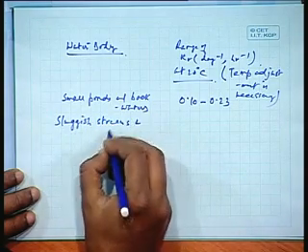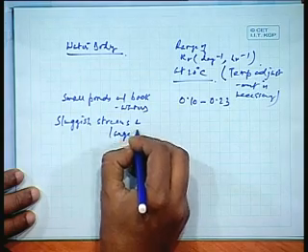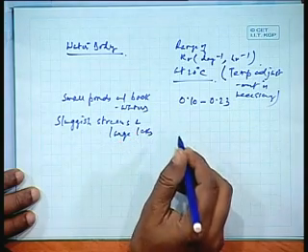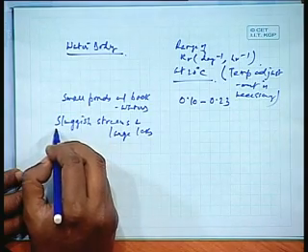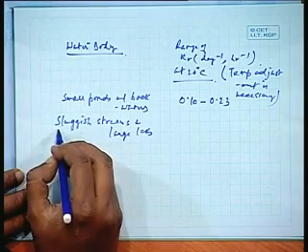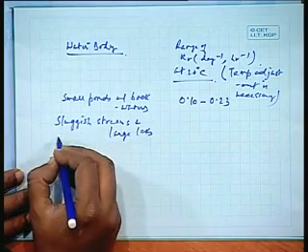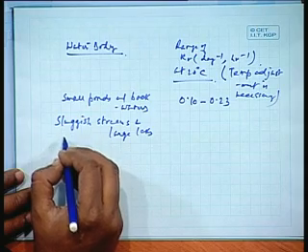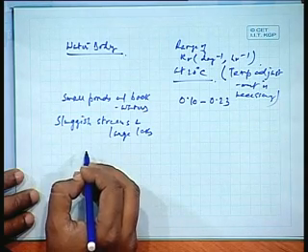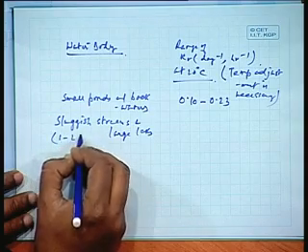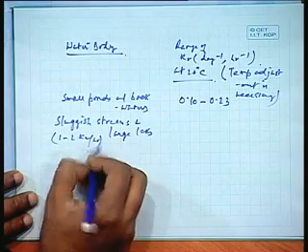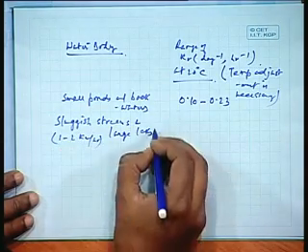This is the value for sluggish streams and large lakes. Sluggish streams, having a very little speed, say about 1 to 2 kilometer per hour velocity streams, and large lakes.